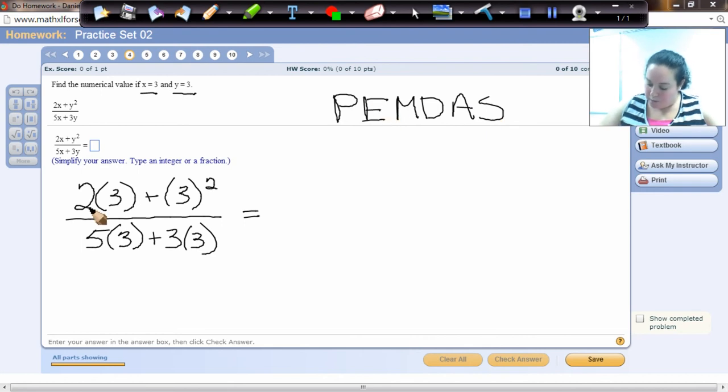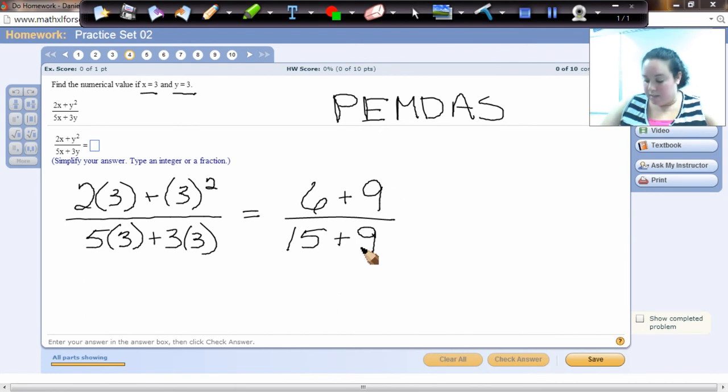Okay, so first we'll do exponents and multiplication. 6 plus 9 over 15 plus 9. Okay, question, can we cancel out the 9s? Absolutely not. You can't cancel out the 9s because there's addition in the way. Remember to do your order of operations. So in this case, it's like the numerator and the denominator in parentheses.